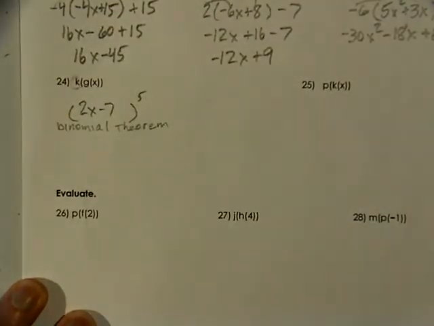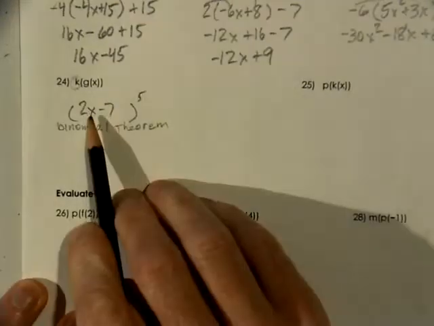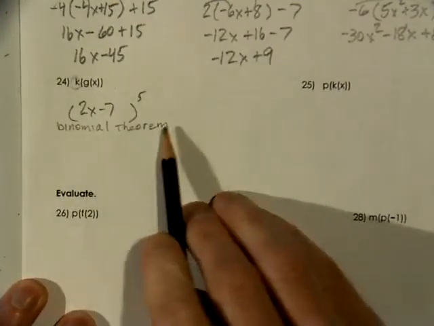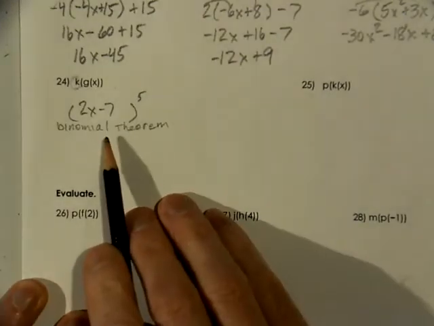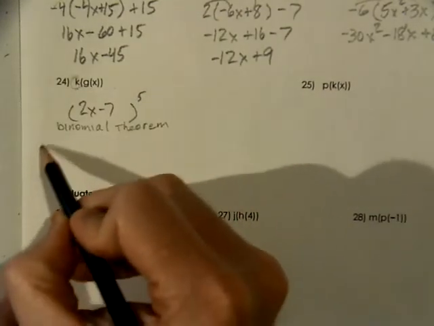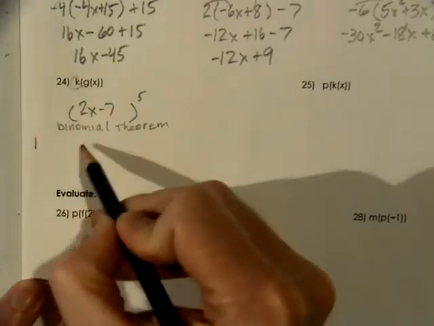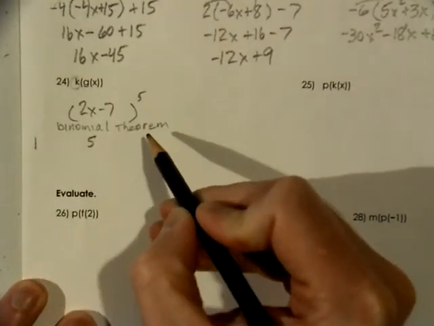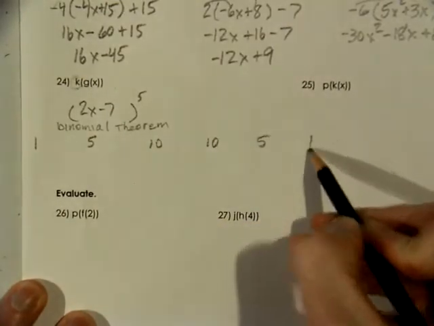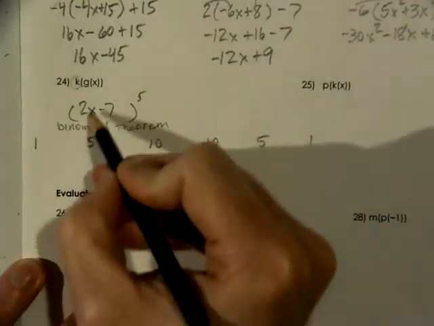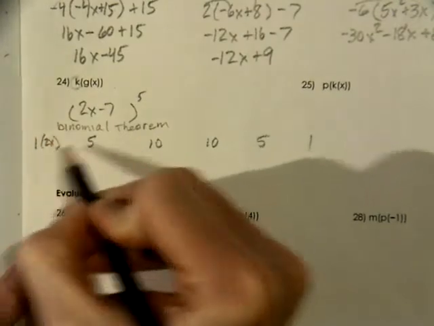You would not be expected to multiply this one out by hand. You would not be expected to write parenthesis, parenthesis, parenthesis, parenthesis, parenthesis. So we have a 1, a 5, a 10, a 10, a 5, and a 1. Put in your a term.